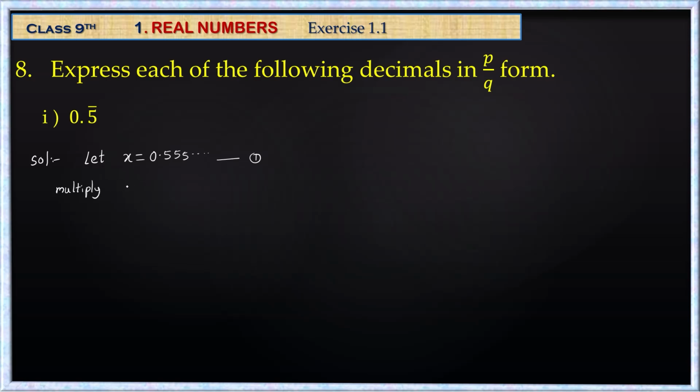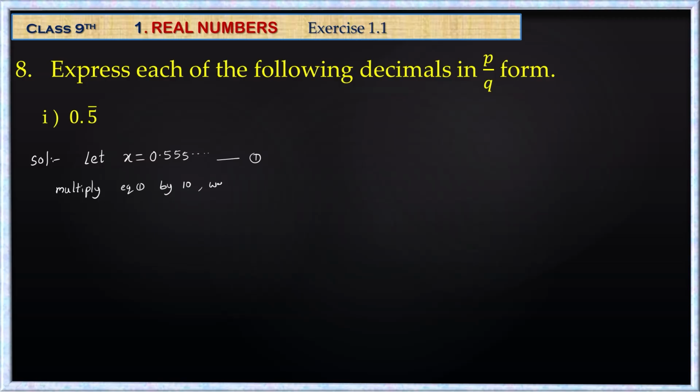equation 1 by 10. If the one digit is repeating, we multiply it with 10. If two digits repeat, we multiply with 100. Three digits repeats, we multiply with 1000. So we are multiplying with 10.